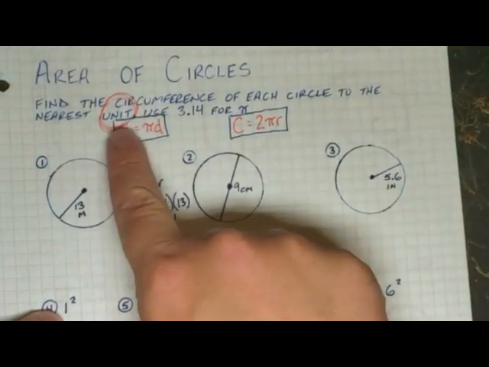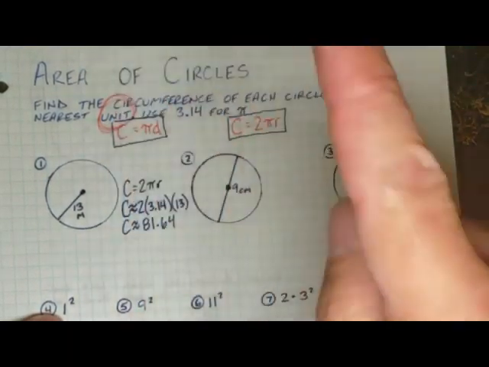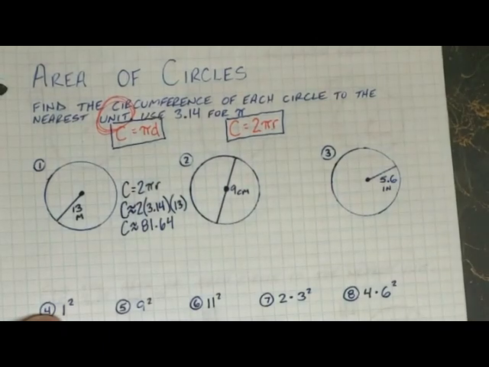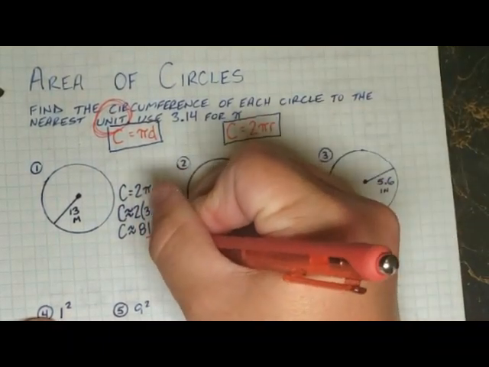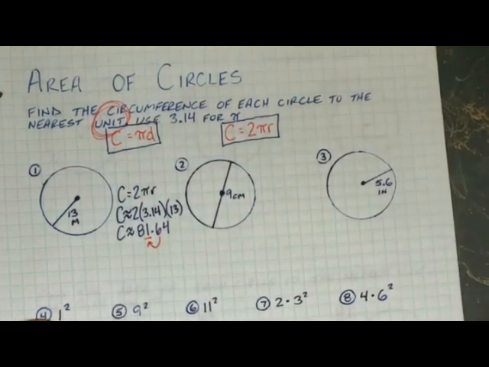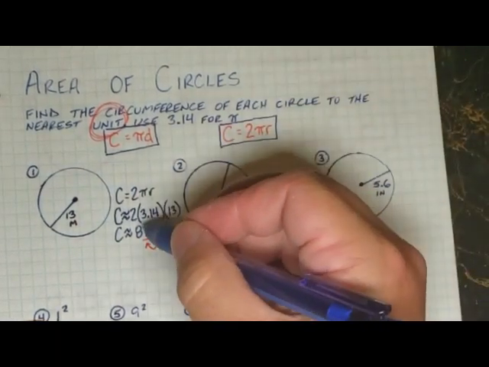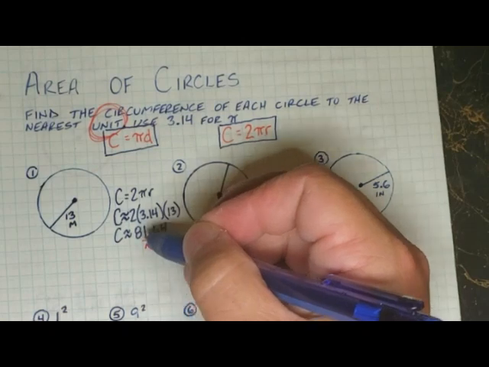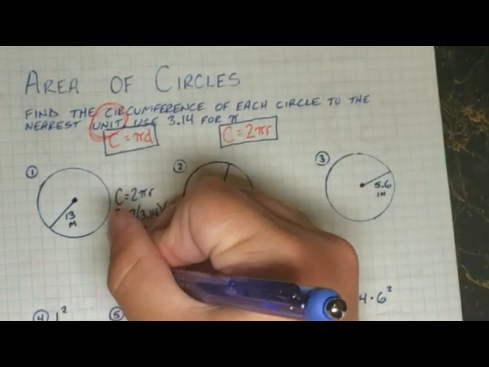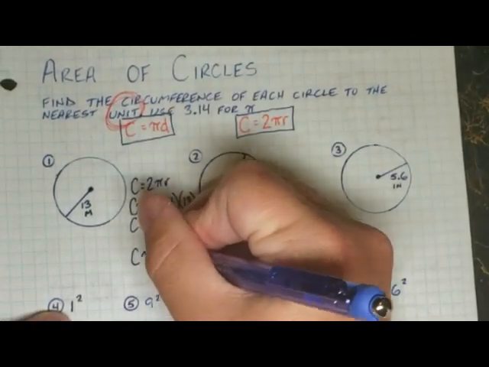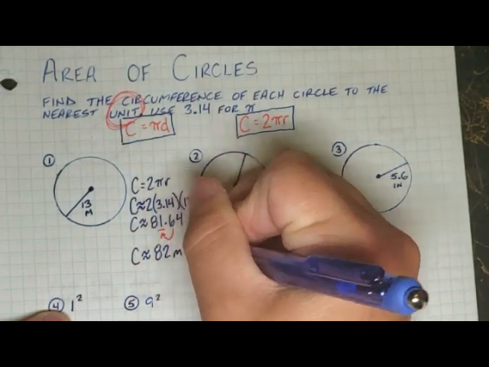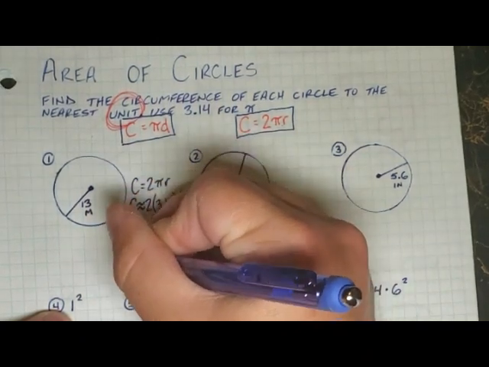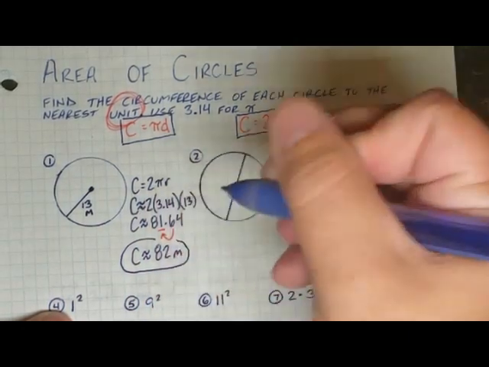When it says round to the nearest unit, that means the nearest whole number, the ones place. So we look at the ones place, we look at the tens place to see what to do. A 6 would make the 1 round up to a 2. So the circumference of this circle is approximately 82 meters. The circumference is just measured in your unit.